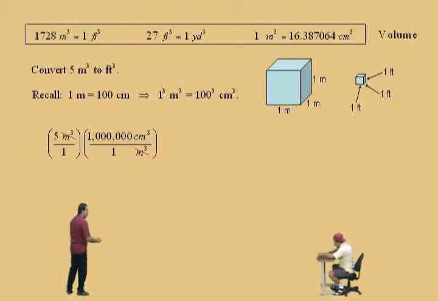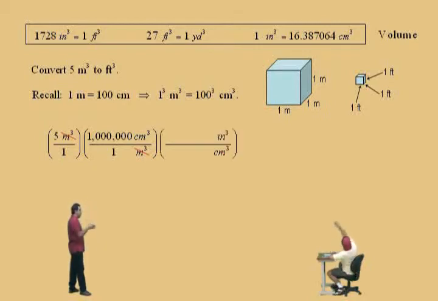Okay, Charlie, now we're going to convert the centimeters cubed to what? Inches cubed. Okay, so now we're going to use the fact that 1 inch cubed is equal to 16.387064 centimeters cubed. That's from up there.